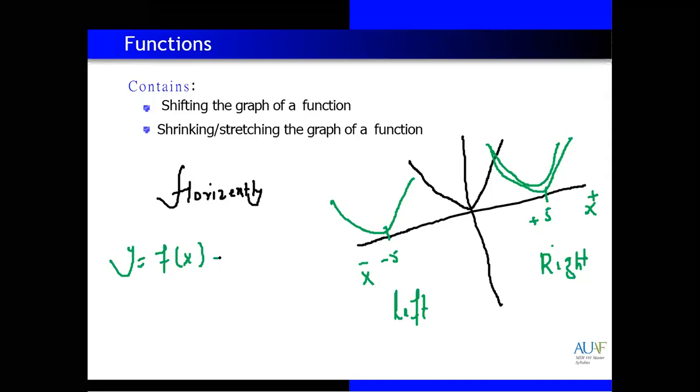Let's suppose we have f of x is equal to x square, then replace x with another value like x plus or minus a value. If you add a plus value like x plus 1, the plus value will shift the graph toward the negative x axis. Plus will shift negative, and if you replace with minus, minus will shift toward the positive axis.